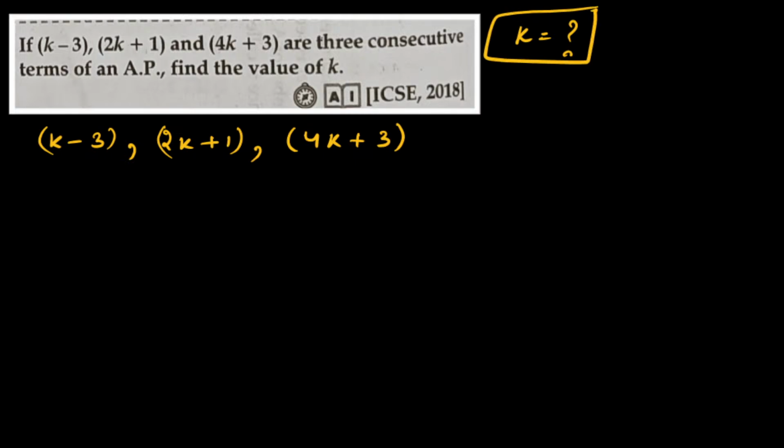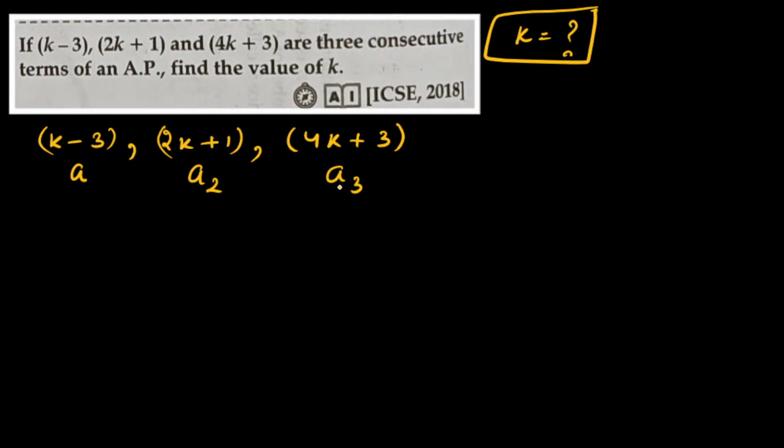Whenever these types of questions are there, with terms having some unknown variable, what we will do in that case is make use of the common difference. Suppose this is the first term A1, this is the second term A2, and this is the third term A3.